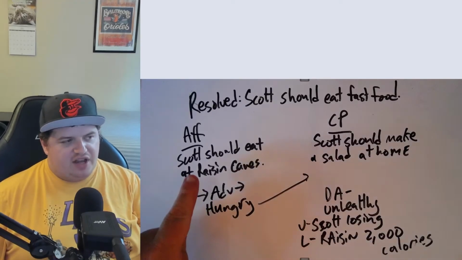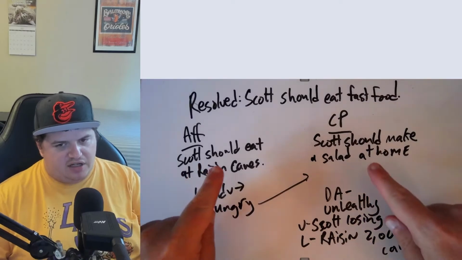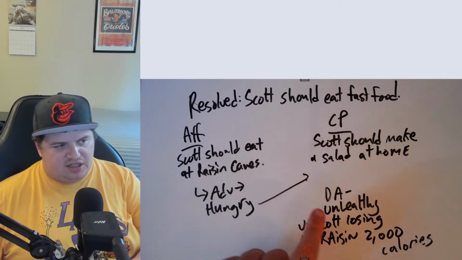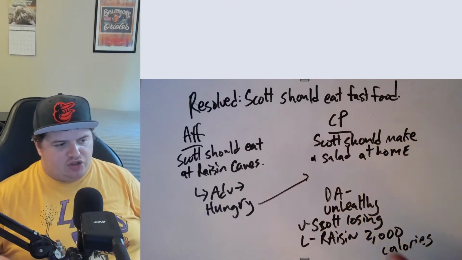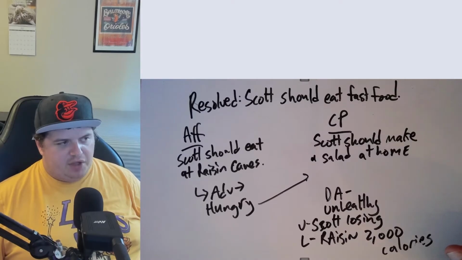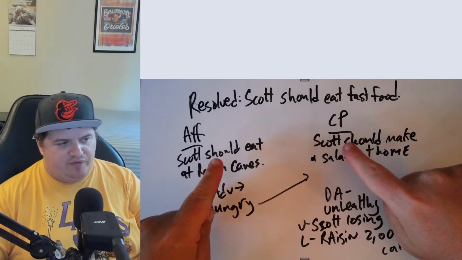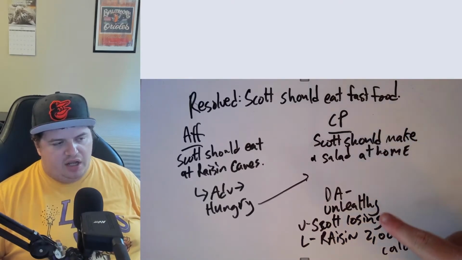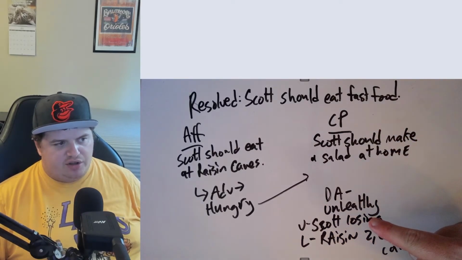So no matter if I did the affirmative or if I did both of them together, the affirmative still would link to this disadvantage that makes doing the counterplan alone by itself better. Because when I eat both of these things, that's a lot of calories. When I do this alone, it's not enough calories to trigger this disadvantage in the debate.